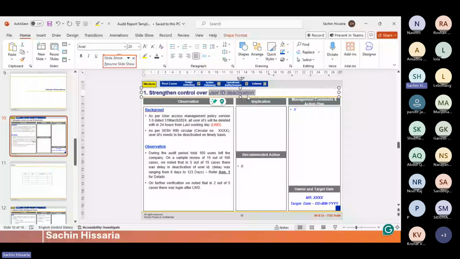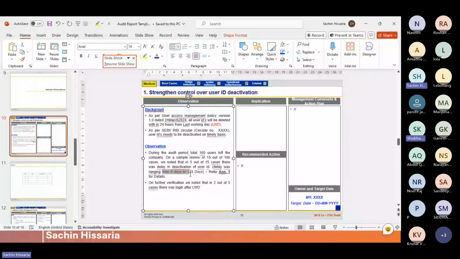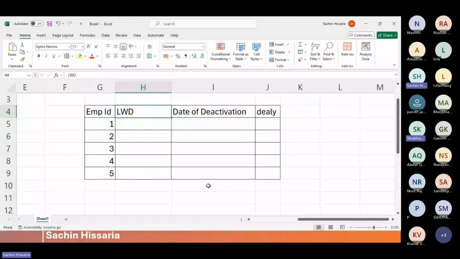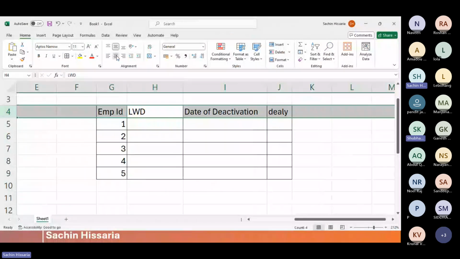If there was a delay, how much delay was there? First, we identified that. We have also identified whether there were any cases where an employee logged in after the last working day. Now you need to identify the appropriate root cause as well. Generally, we are able to identify the root cause with the help of auditing, because auditing helps us in identifying a root cause.